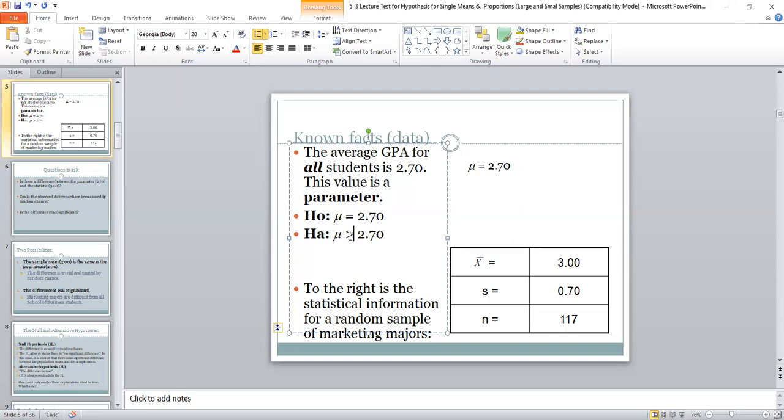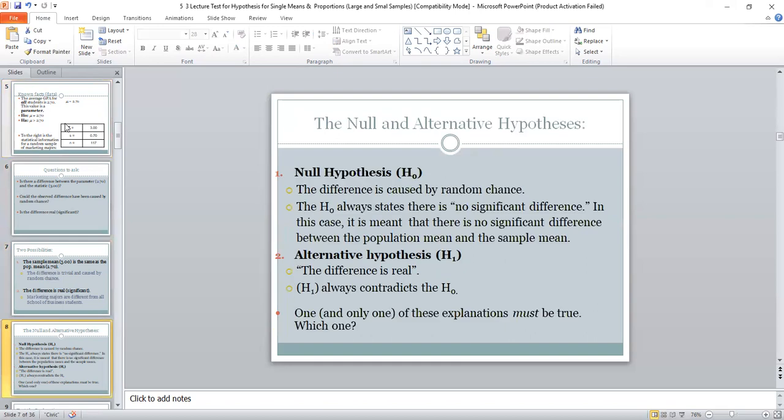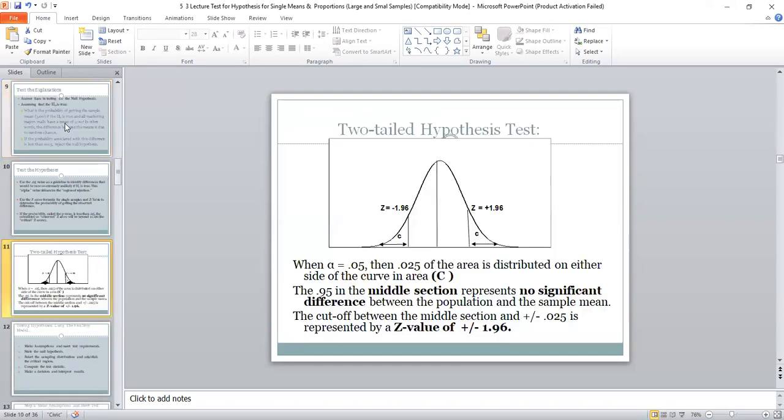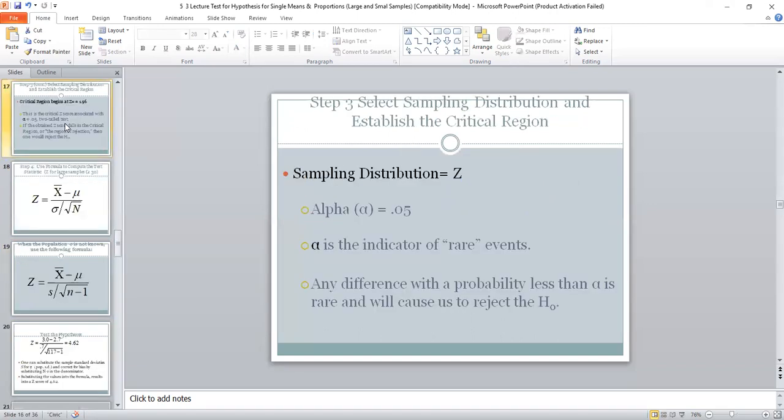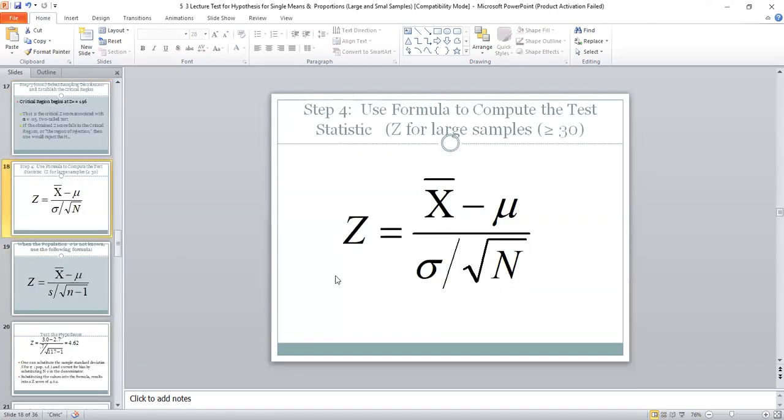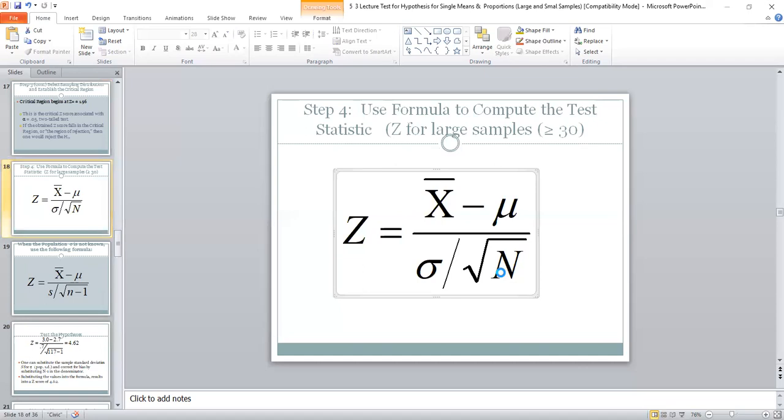The Z test statistic is given by the following. It is here, the Z here, but this one is for a small n.